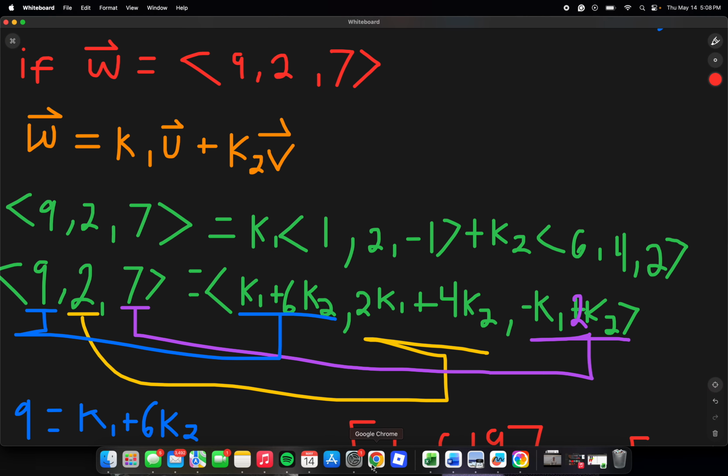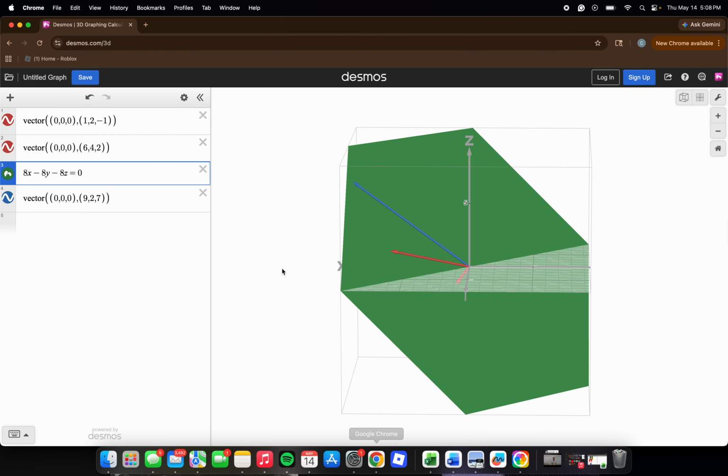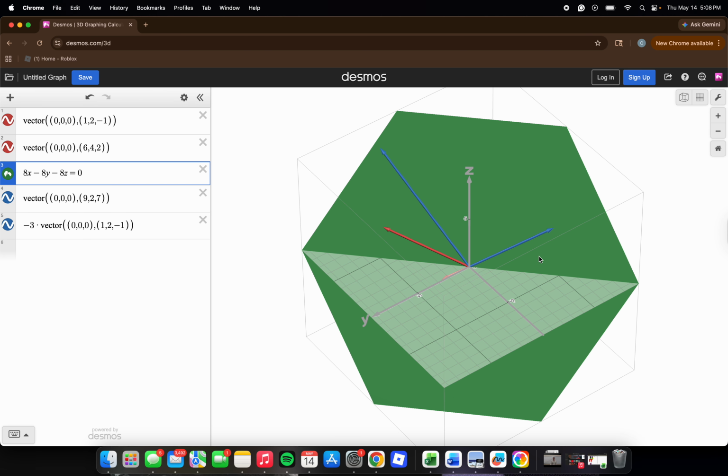So let's go ahead and see if this holds. So here's our combination. What I'm going to do here is just add each vector slowly, and then we'll superimpose them on each other. So our first vector is going to be negative 3 times. So you can see it shoots out the reverse way, and we're going to make these vectors purple.